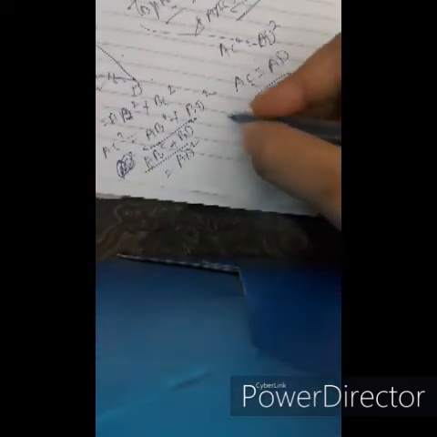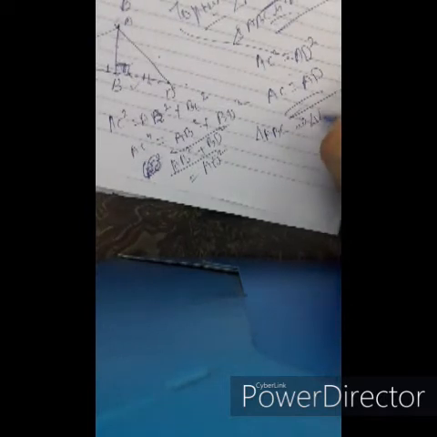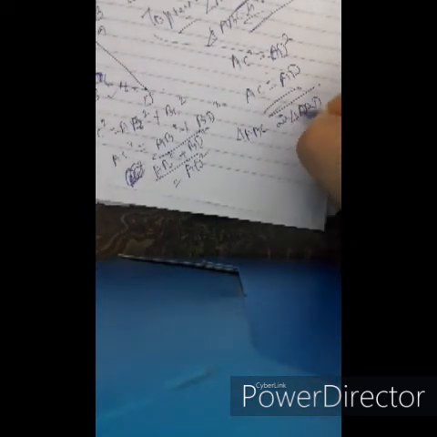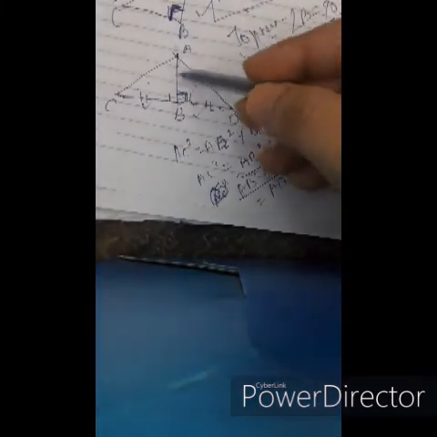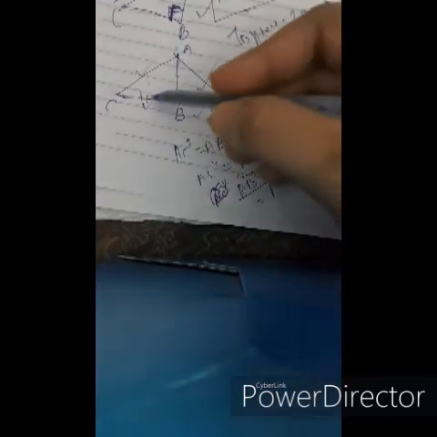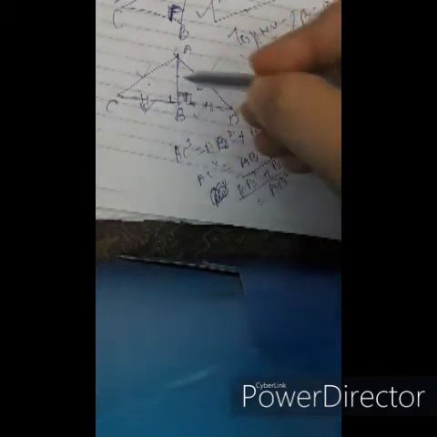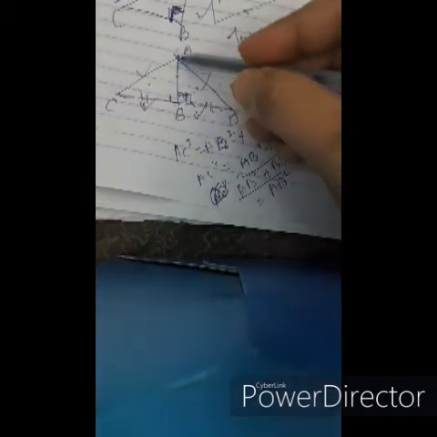So now taking triangle ABC and triangle ABD, we got AC equals AD. By construction we have BC equals BD, and AB is common.